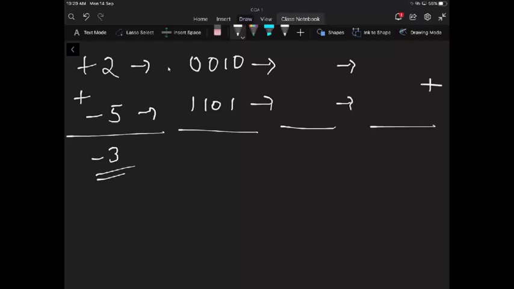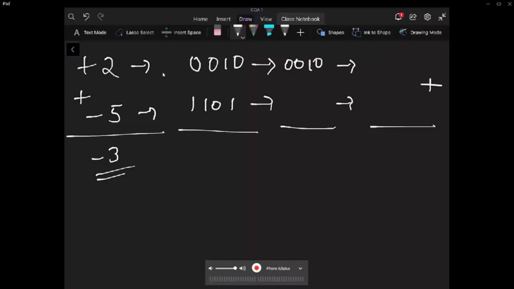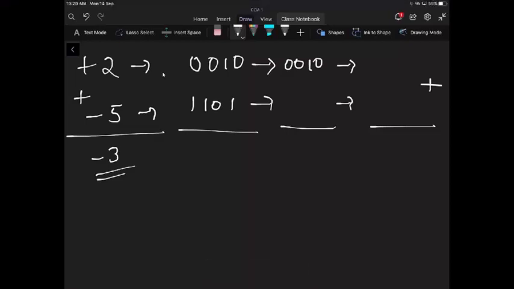So what is the 1's complement of a positive number? The positive number itself, 0 0 1 0. What is the 1's complement of minus 5? That is 1 1 0 1. It is nothing but, keep the 1 as it is, and invert 0 1 0. Alright, so adding 1 to this number is nothing but my 2's complement.